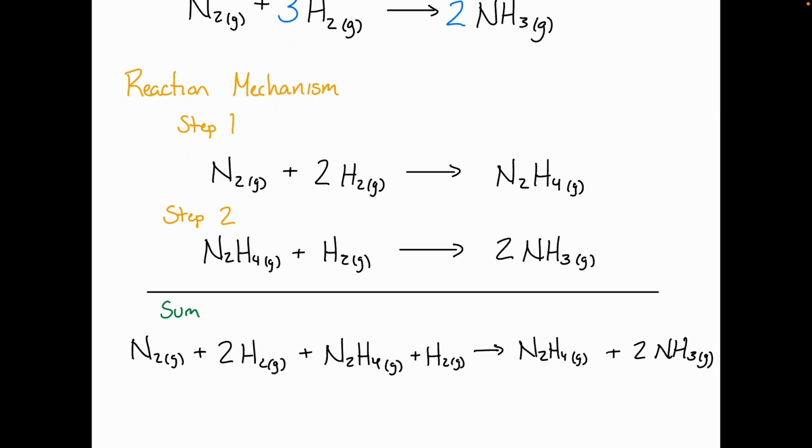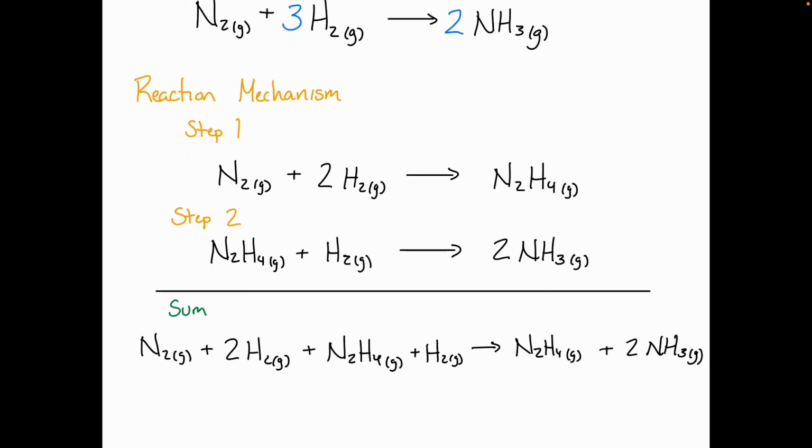Okay, so then to simplify, we're going to combine things that are like on both sides, and then we're going to cancel things that appear on both sides. Right? So on my reactants side, I can combine these together, and I'm going to cancel out what appears on both sides, which is that intermediate, that N2H4.